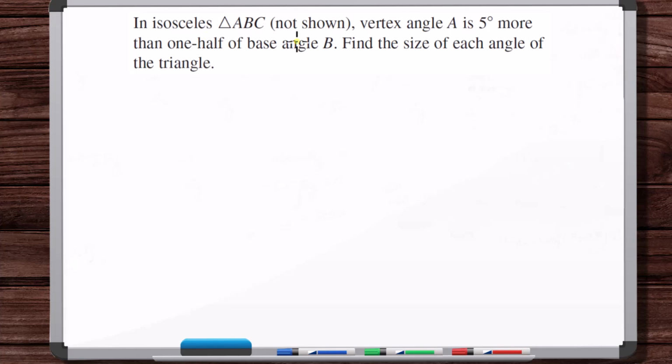Okay, in isosceles triangle ABC, not shown, the vertex angle A is 5 degrees more than 1/2 of the base angle B. Find the size of each angle of the triangle. Similar problem to what we just did. We've got this isosceles triangle ABC with vertex angle A. That means that these two sides are congruent.